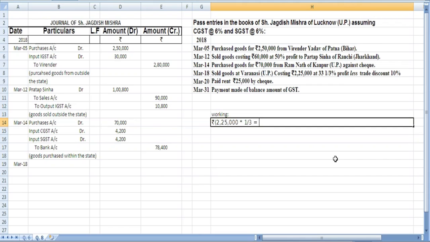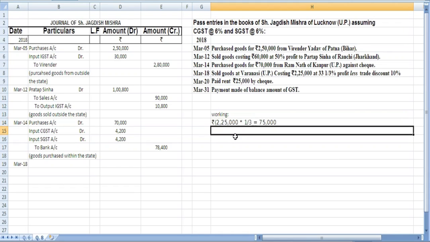So that will come as 2,25,000 divided by 3, which is 75,000. Now we are going to add this 75,000 to 2,25,000. This is the profit.